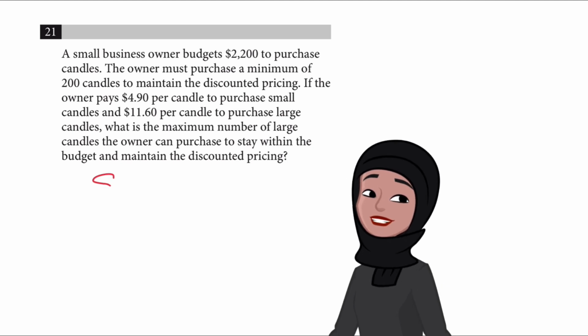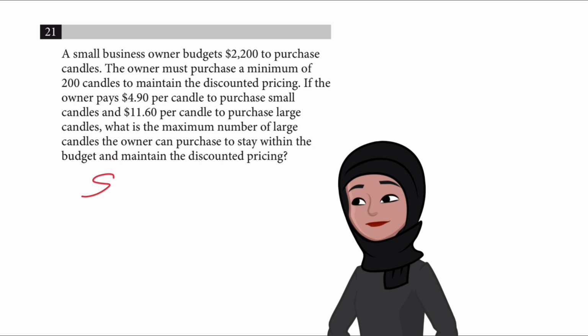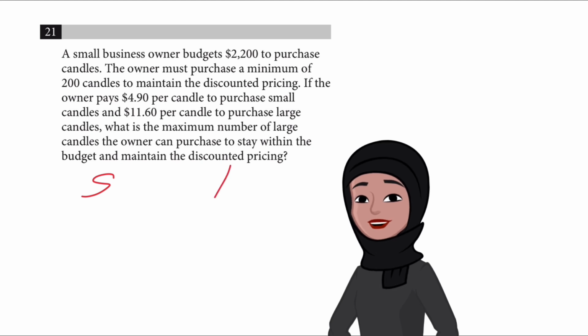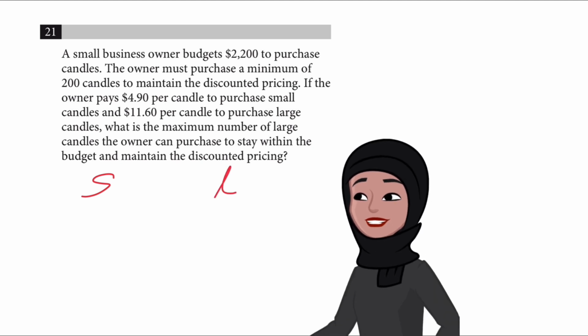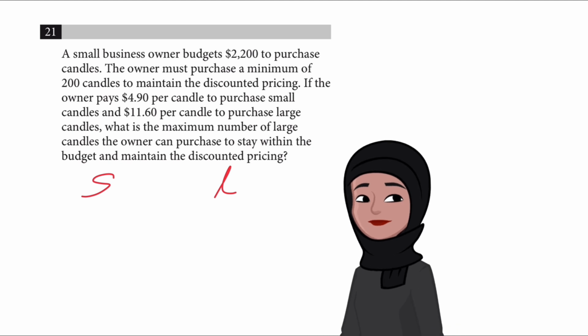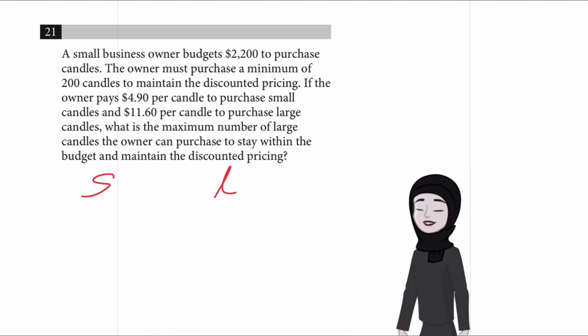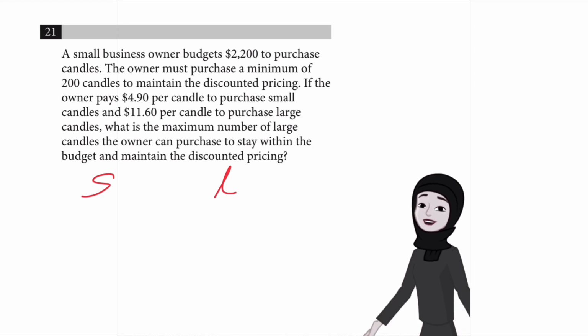So let S represent the number of small candles the owner can purchase and L represent the number of large candles the owner can purchase. It's given that the owner pays $4.9 per candle for small candles and $11.6 per candle for large candles.